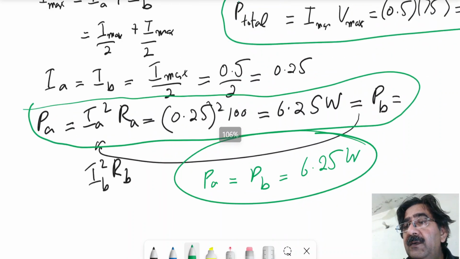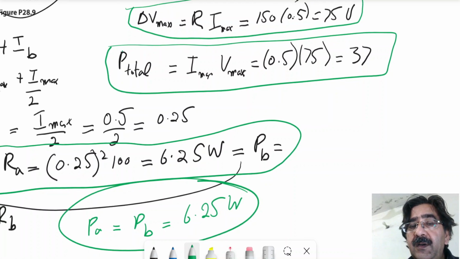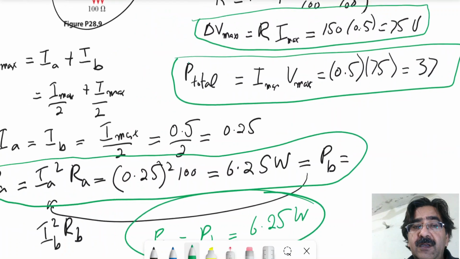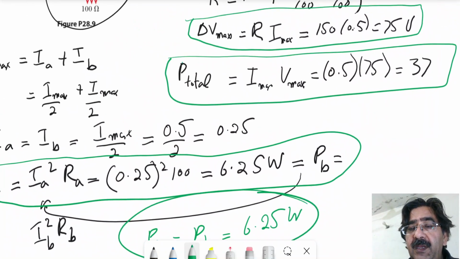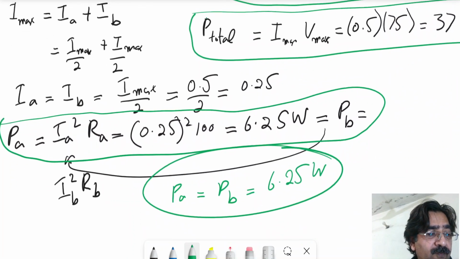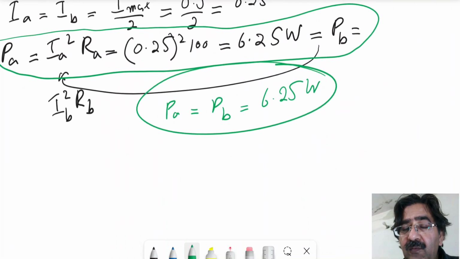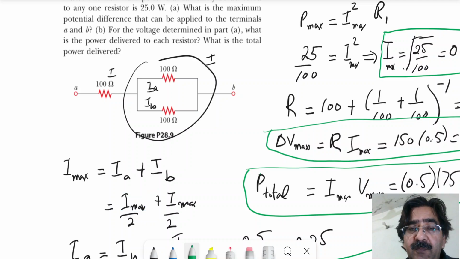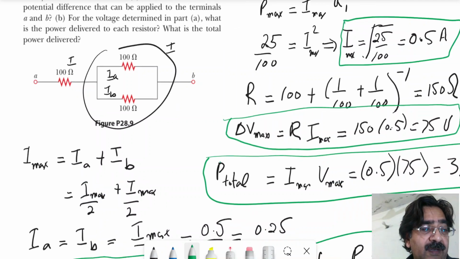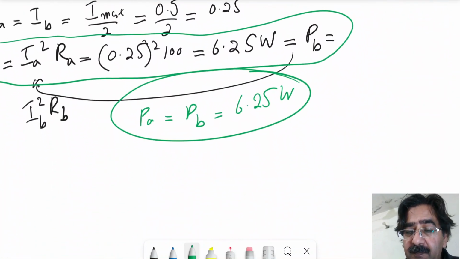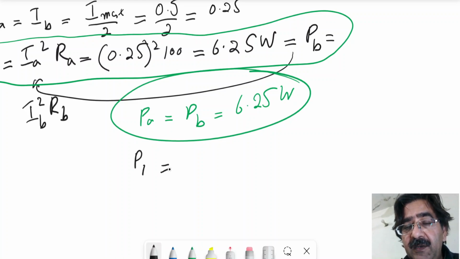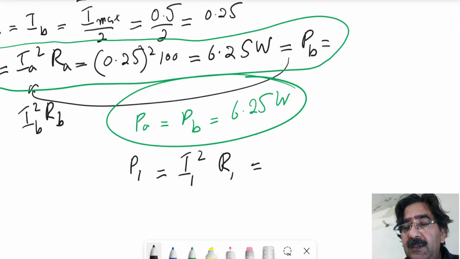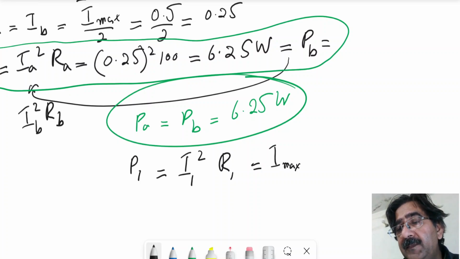This will be the total power delivered, taking into account the total resistance, from A and B. One more question: what will be the power delivered to resistance R1? The power delivered to R1 is I1 squared R1, where I1 is I max squared times R, which is 100.